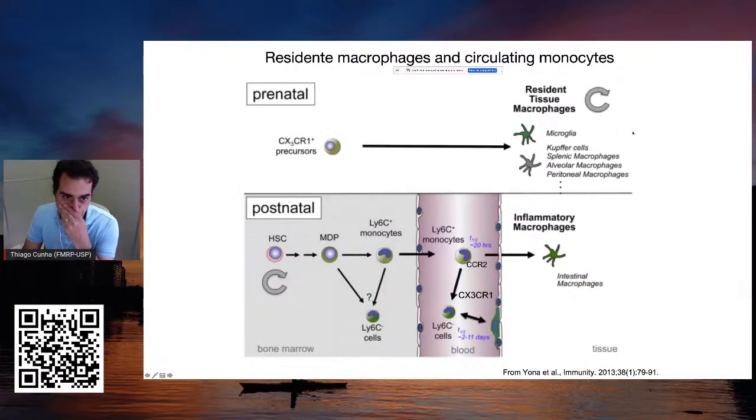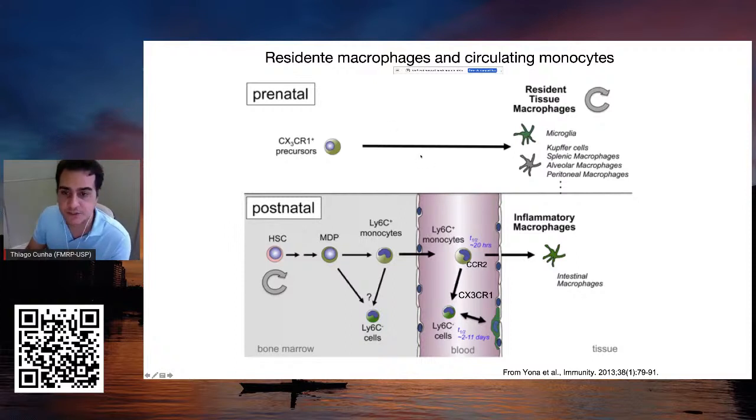So probably you are aware that, very briefly, we have two main populations of macrophages: resident macrophages, for example, in the central nervous system, where we have microglia as an example of resident macrophages, and we have the blood monocytes that can be recruited when we have an inflammatory process, for example.